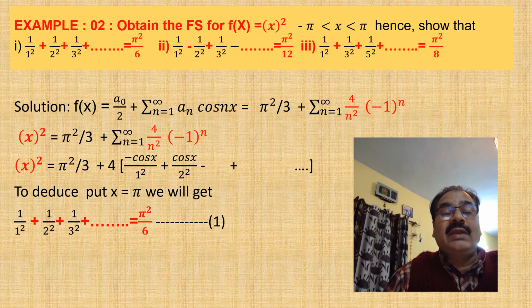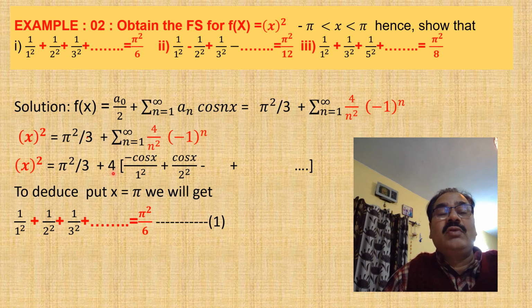So if this is cos nx, then by putting the different values of n, here you will get 4 times minus cos x by 1². Once again I will repeat, you can write cos nx here, then after putting different values of n, you will get this series.